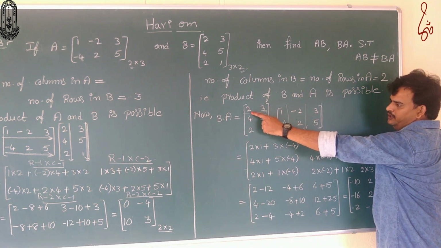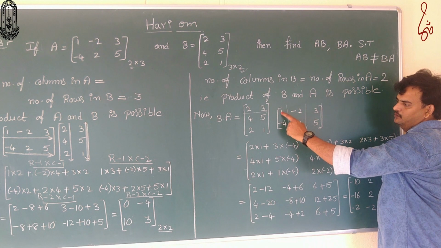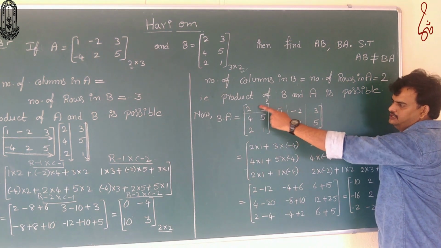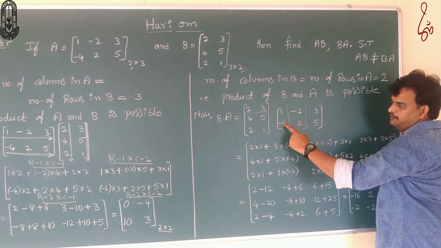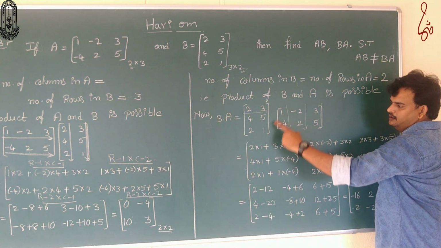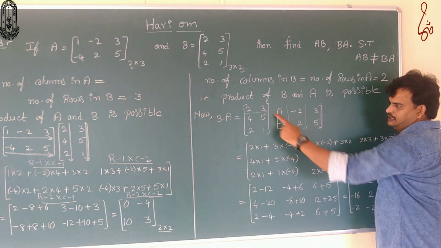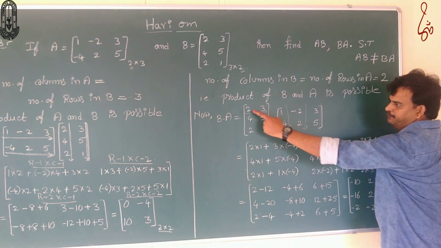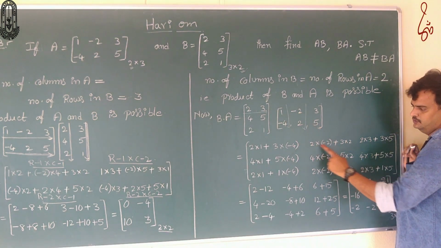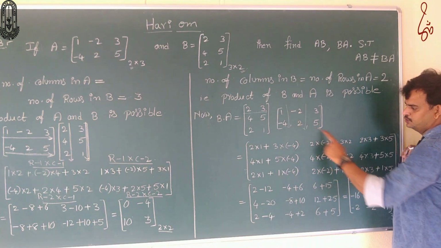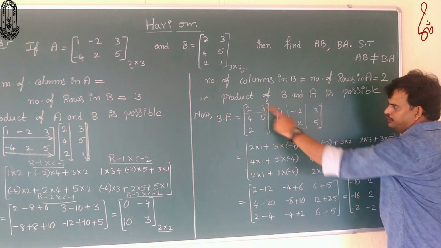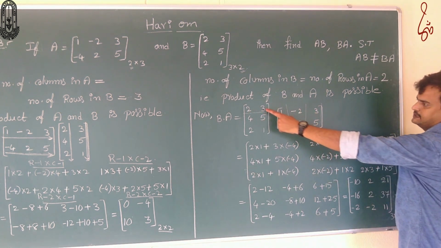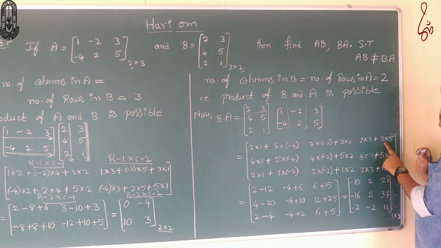Row 1 we have 2 elements, column 1 we have 2 elements. These 2 elements and here 2 elements should multiply. 2 into 1 plus 3 into minus 4. 2 into minus 2 plus 3 into 2. 2 into 3 plus 3 into 5.